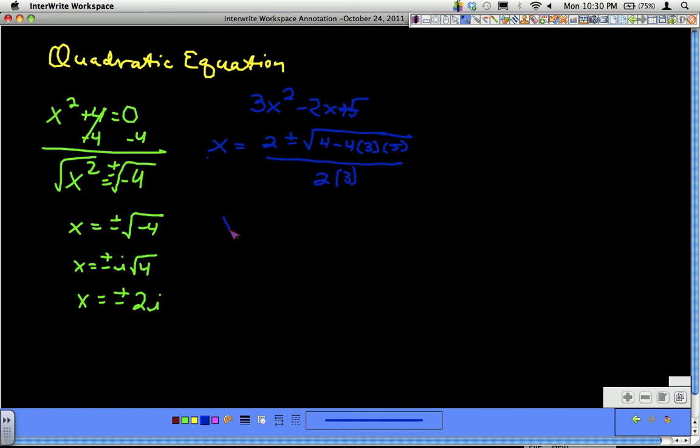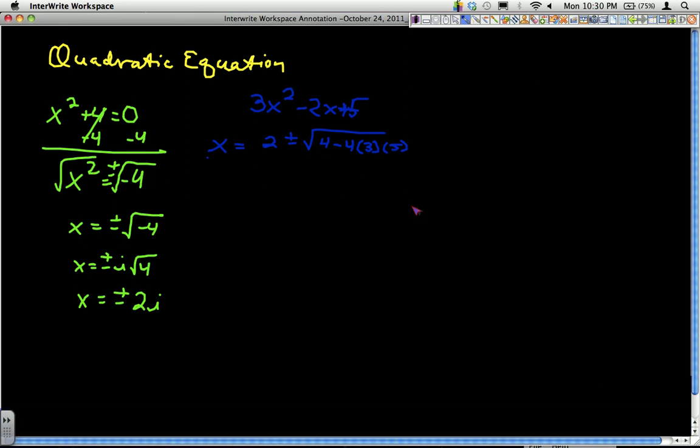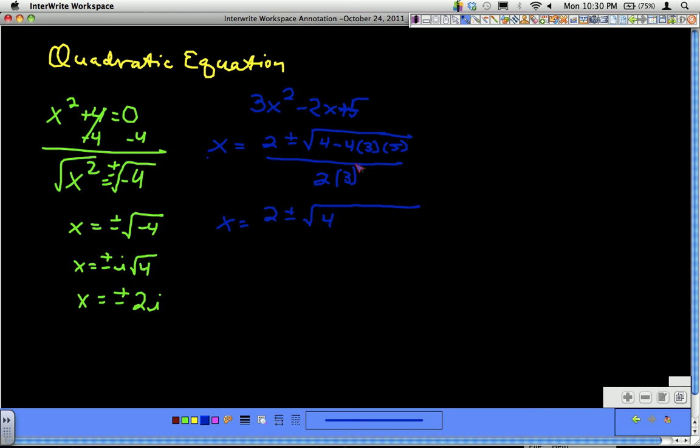And here's why we need to know how to simplify these, because this time if you look at the radical, we're going to get a negative on this side, and we're going to get a -60, all over 6.